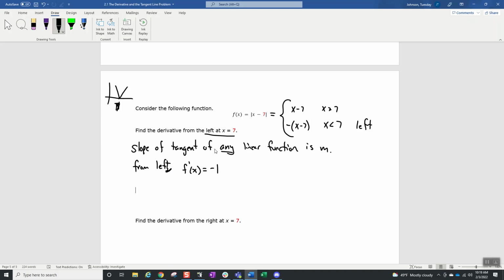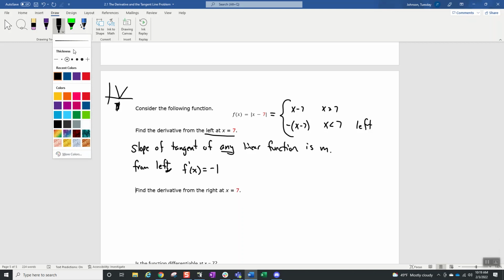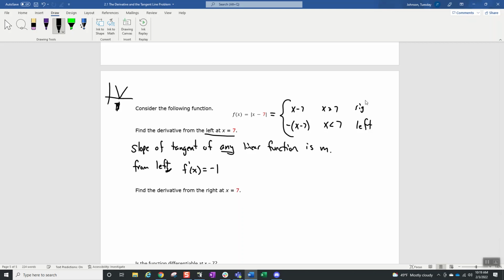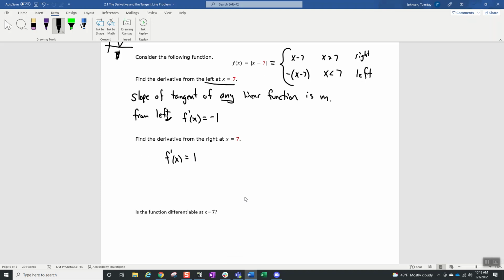The slope of the tangent of any linear function is its slope m. From the left, this is just a linear function with a slope of -1. If we go from the right, what's the slope? F prime of x is +1. So then we ask ourselves, natural question, is the function differentiable at 7?